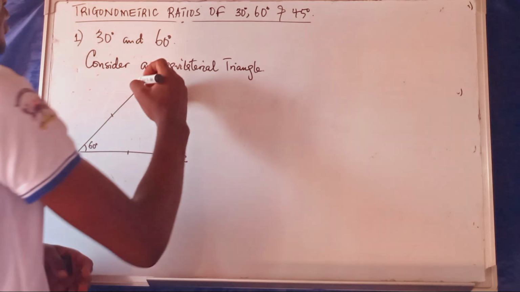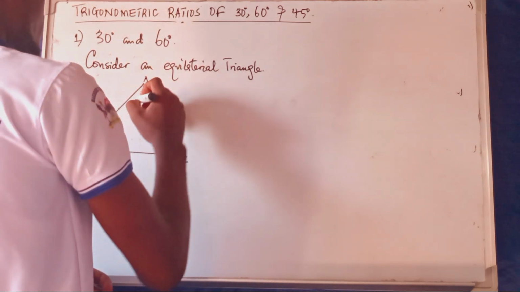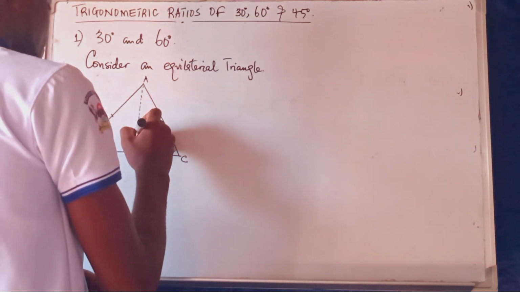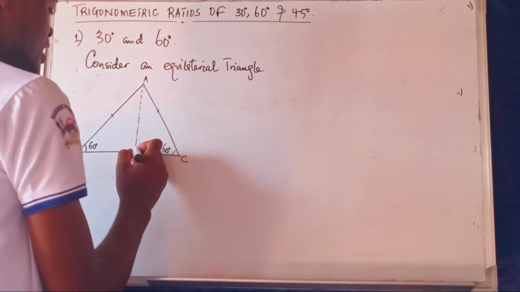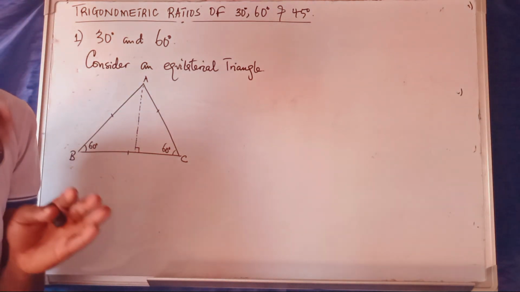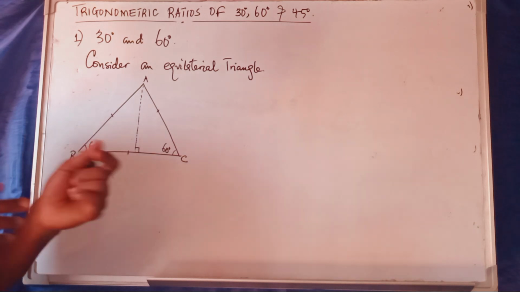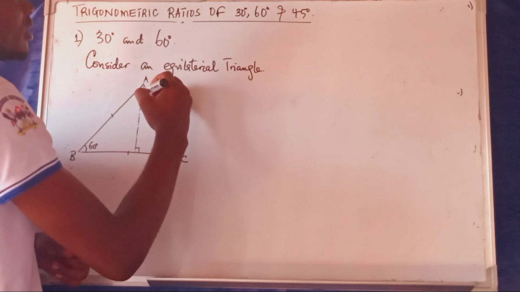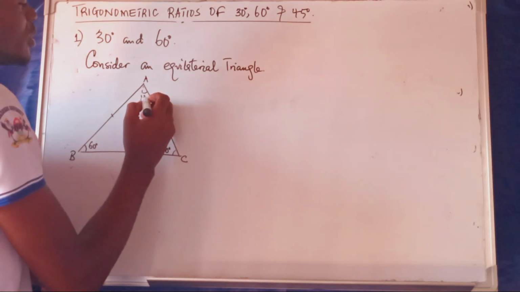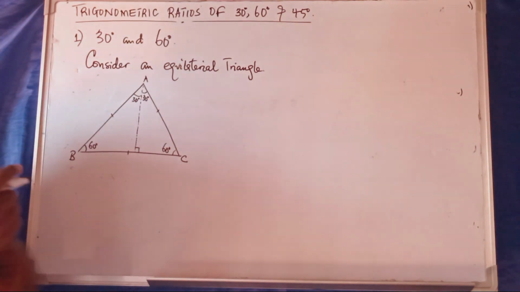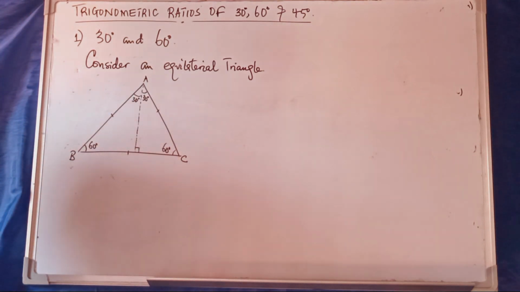So if I draw a bisection, a line perpendicular such that it makes an angle of 90, you realize that it cuts our equilateral triangle into two equal parts. So even the angle here is split into two equal parts. This is 30 and this is 30. Now we can do our mathematics with the Pythagoras theorem.